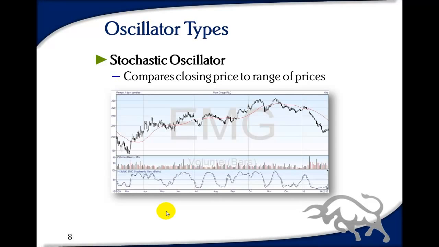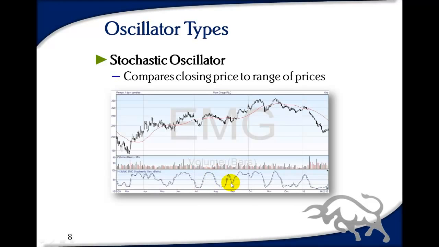Now that's a fast stochastic oscillator. What I've got here is the slow one, because what happens there is that the 3-day moving average is called the slow stochastic indicator line, the solid line, and then you take a 3-day moving average again to smooth it out and provide the signal line.